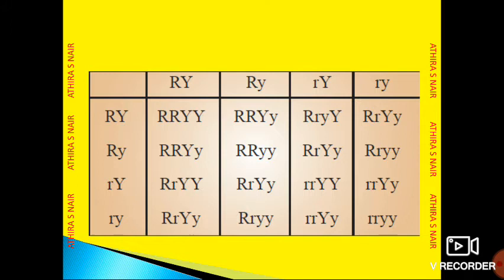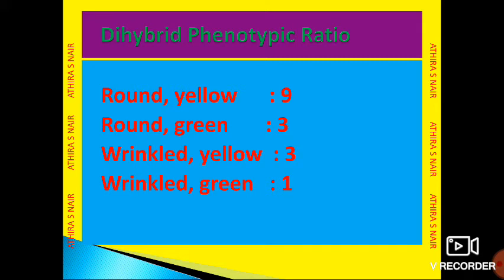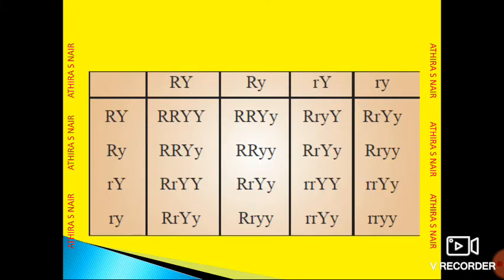Wrinkled yellow means they will show small r and capital Y combination, capital Y small y or capital Y capital Y. And here only the last progeny shows the wrinkled green phenotype.